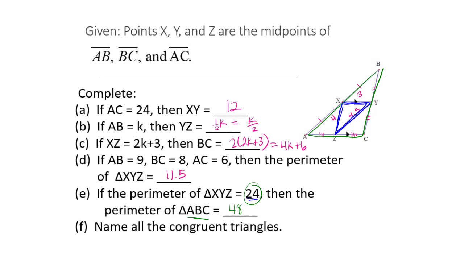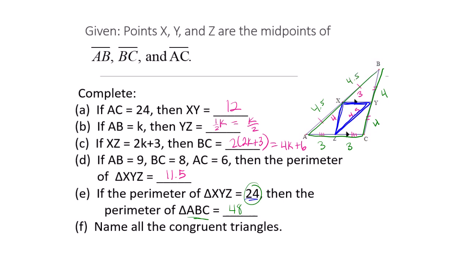All right, then it says name all the congruent triangles. So let's see. Congruent triangles. So we know we can use these values here, but if these are the values here, then that means that these are the values here, right?